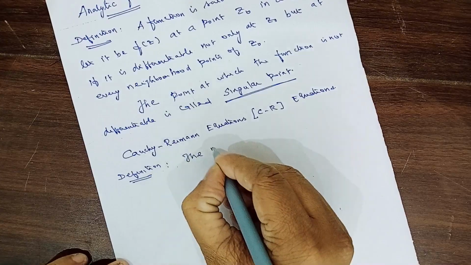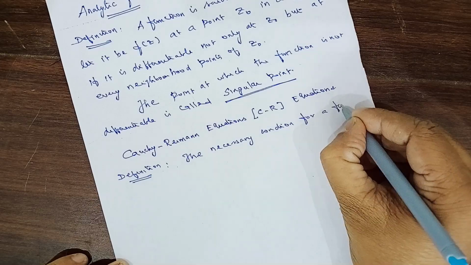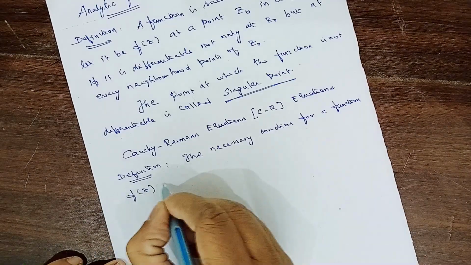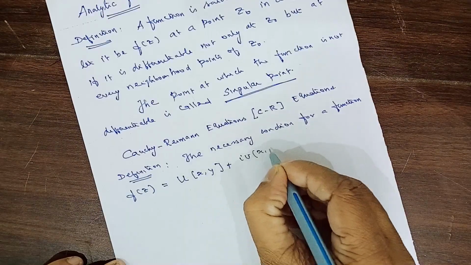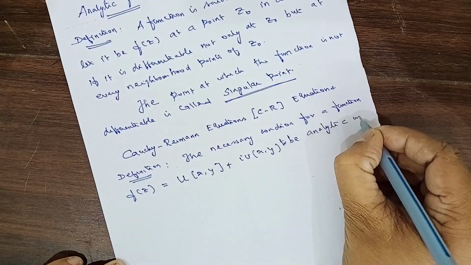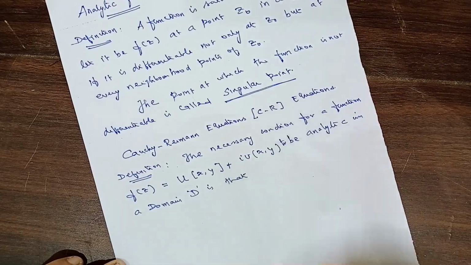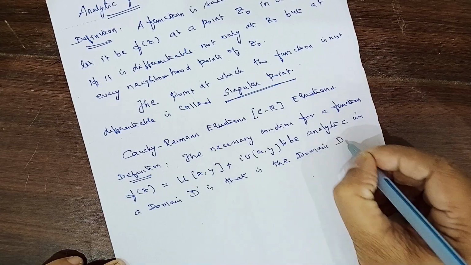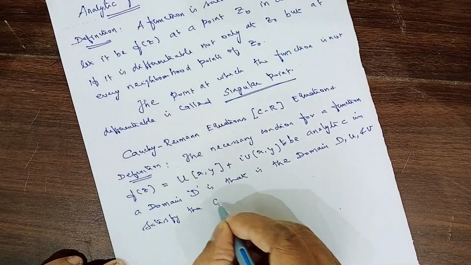The necessary condition for a function f of z equal to u of x comma y plus i v of x comma y to be analytic in a domain D is that u and v satisfy the CR equations.